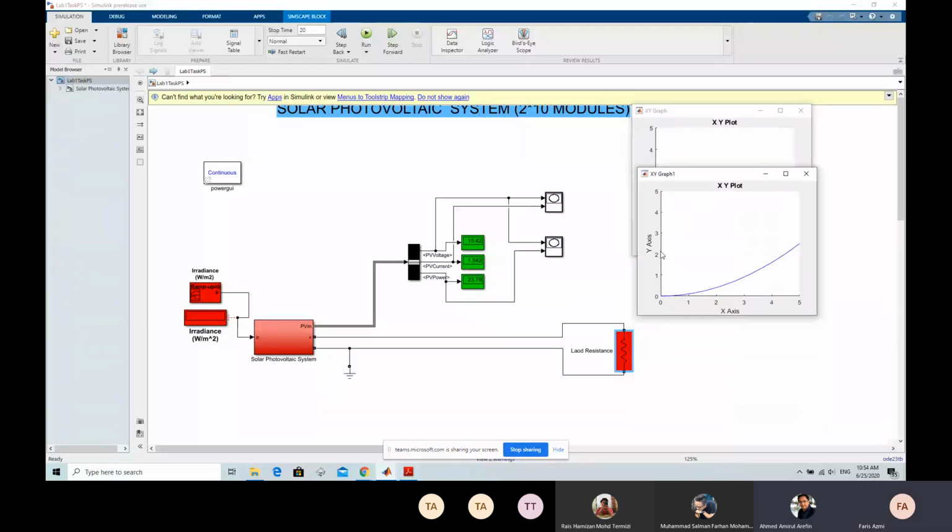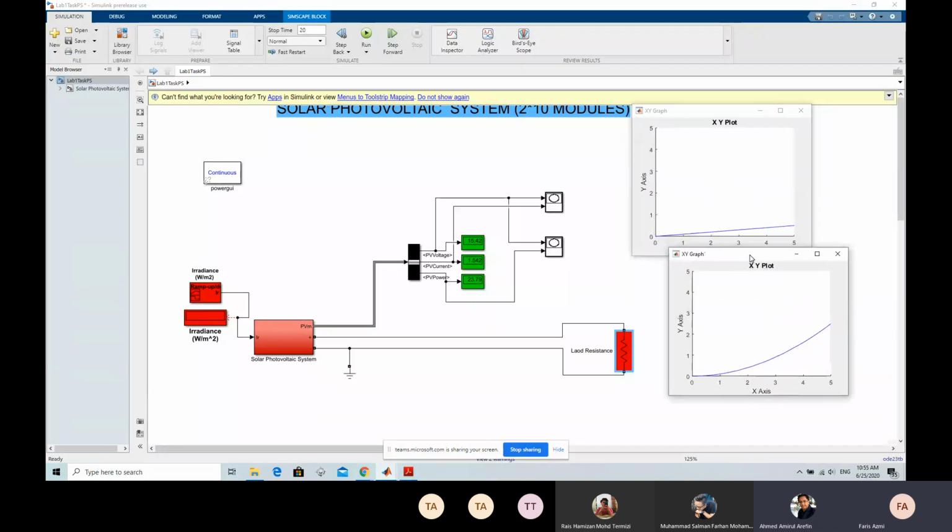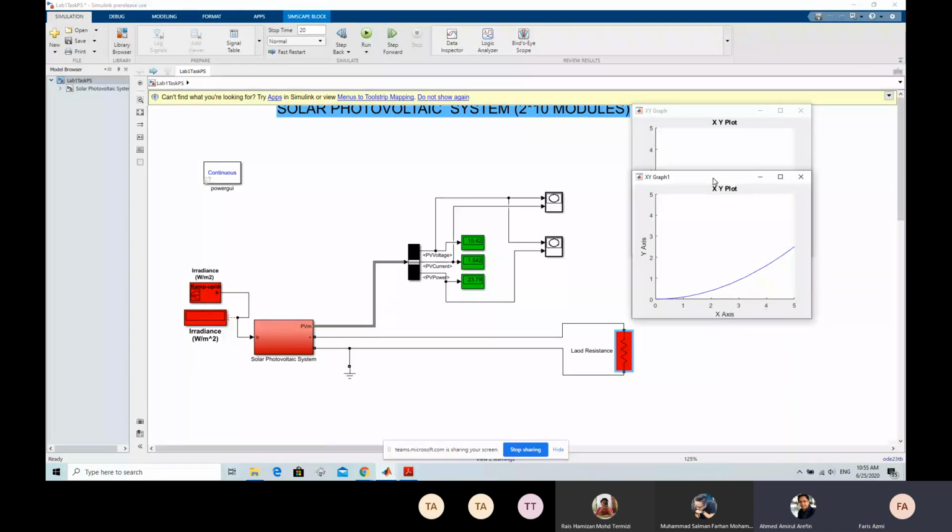If we increase the voltage, the power also increases, but it's not increasing linearly. In the y-axis we have voltage, and in the x-axis we have power. The higher the voltage, the power also increases, but not linearly. It is like exponentially. Okay, exponentially.